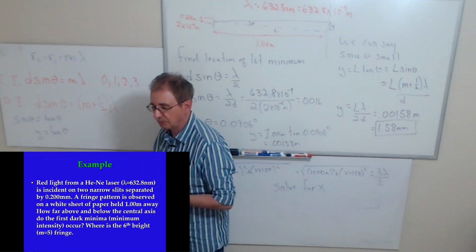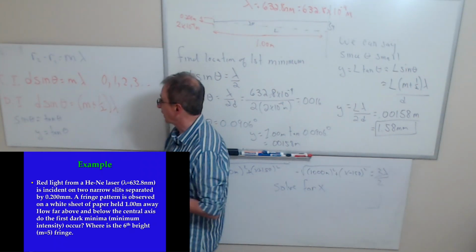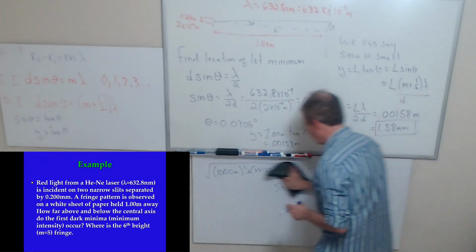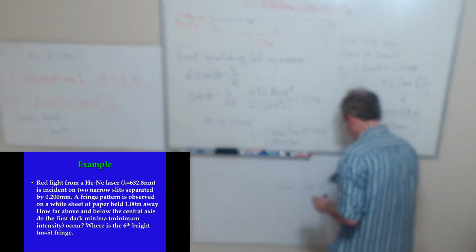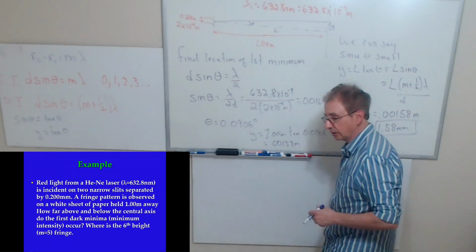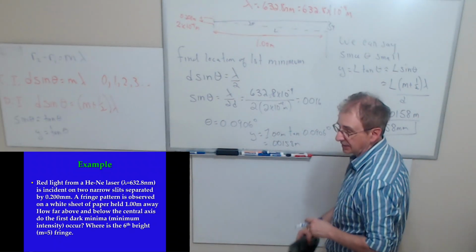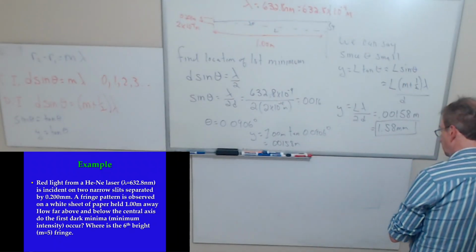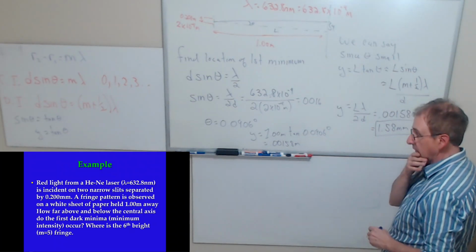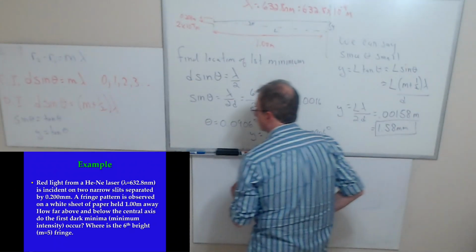So let's look at the m equals 5 fringe. And that can be above and below the axis. You're going to do a lab where you're going to measure the location of these maxima and minima. So let's let m equals 5.